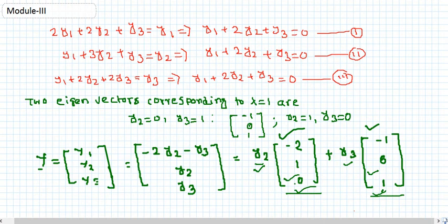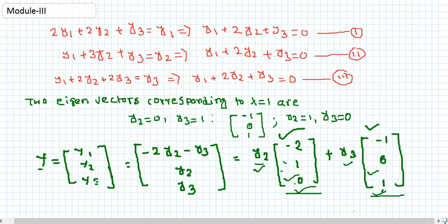That's why I am taking these two as our particular eigenvectors. You may take different eigenvectors, but they may not be linearly independent of each other. Since we can write every solution as a combination of these two vectors, I can take them as our eigenvectors and check whether they are linearly independent or not.